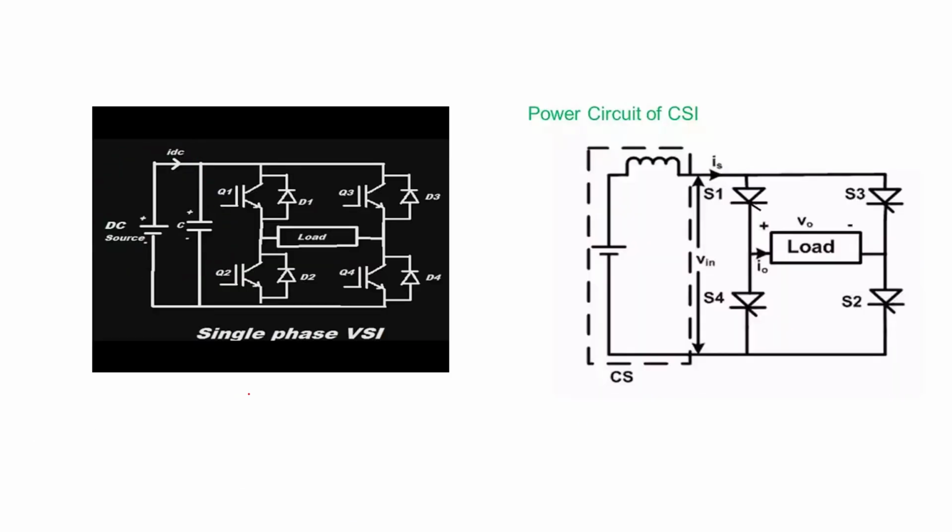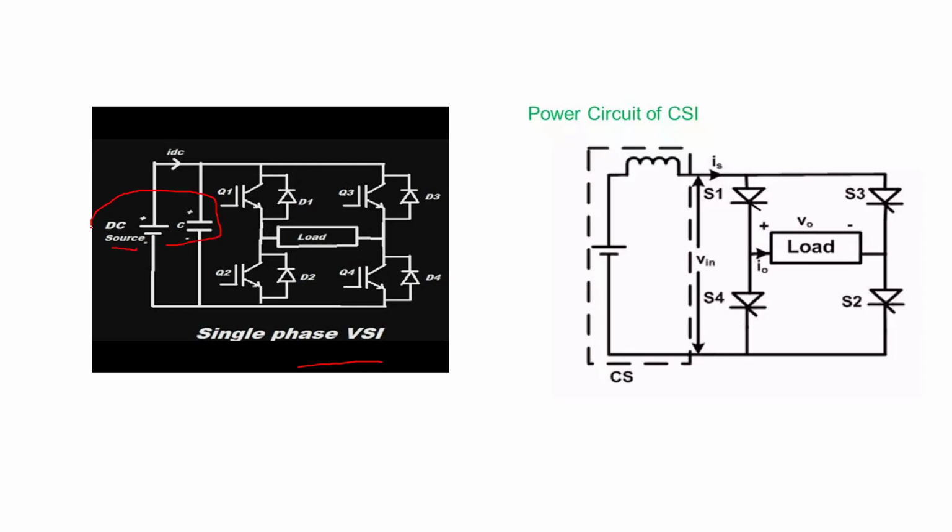Now with the help of circuit diagram, I have explained to you the basic difference between CSI and VSI. In case of voltage source inverter, as I have already told, we have to maintain constant voltage across the load. So how to maintain constant voltage? Here we use DC voltage in parallel with a capacitor.